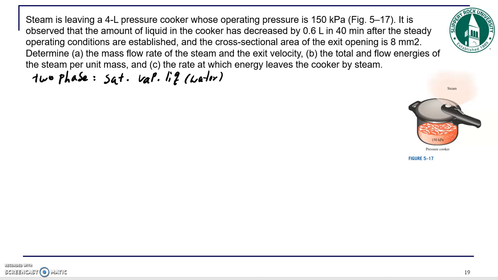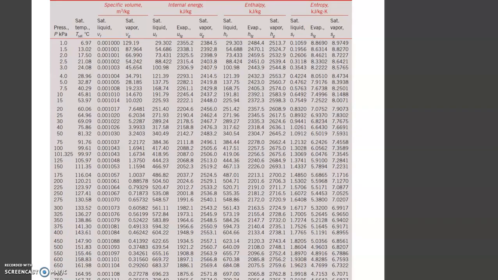And we do have the pressure, which means that at P equal to 150 kilopascal, we need to go to table A5, right? And that's based on the pressure, and we can get some information about the fluid. So I'm going to show you how we do that.